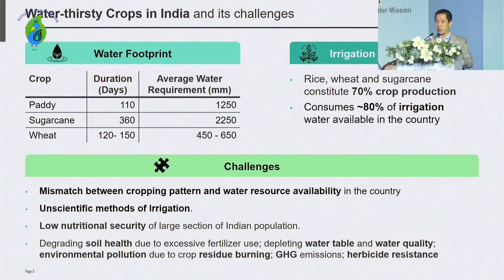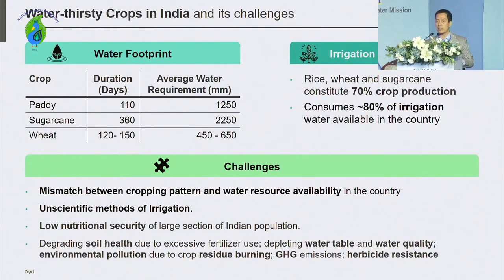So these pose a great challenge as far as water use in agriculture is concerned. We just saw in the previous presentation the challenge with regard to cropping patterns and water resource availability in the country.